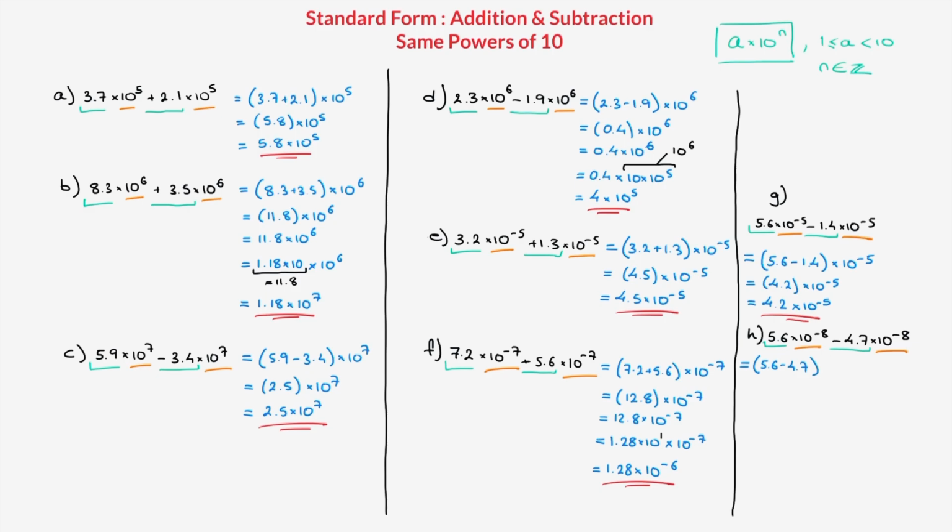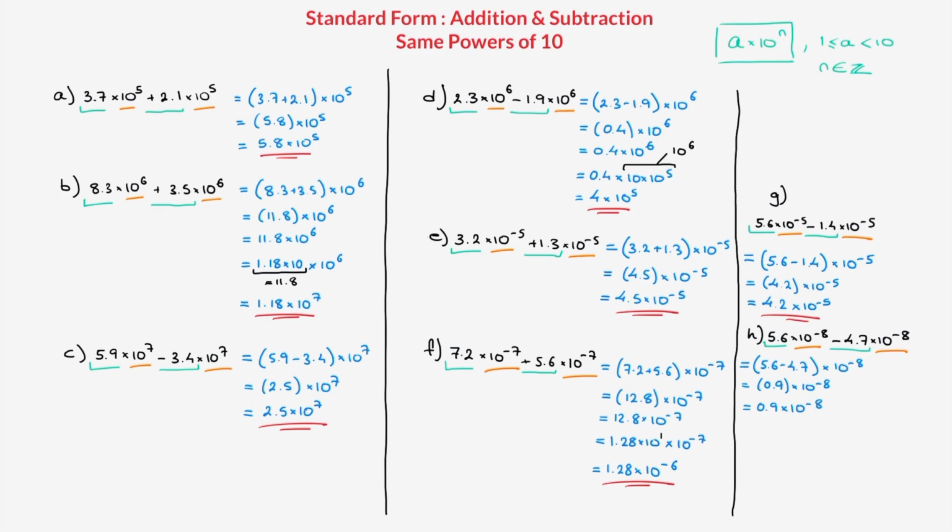Close parentheses, times the power of 10, which is 10 to the power of negative 8. Now, 5.6 minus 4.7, well, that's 0.9. And so this turns into, in parentheses, 0.9, close parentheses, times 10 raised to the power of negative 8. As in the previous examples, I can now get rid of this pair of parentheses to state that this equals 0.9 times 10 raised to the power of negative 8.